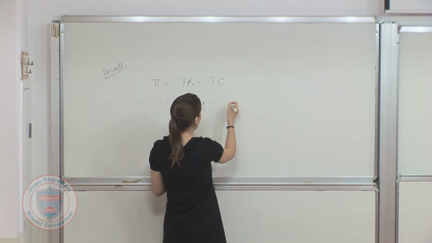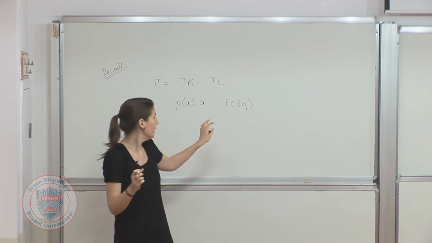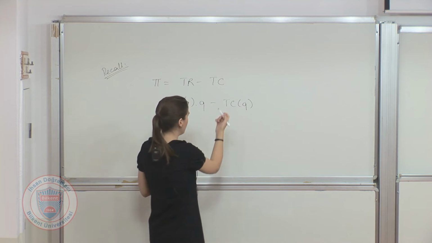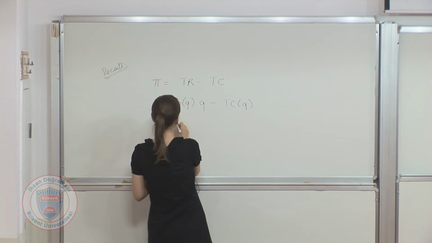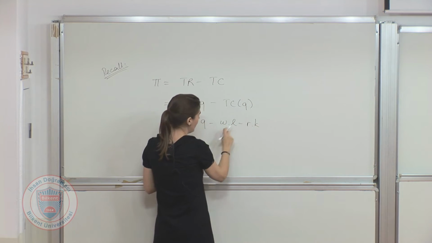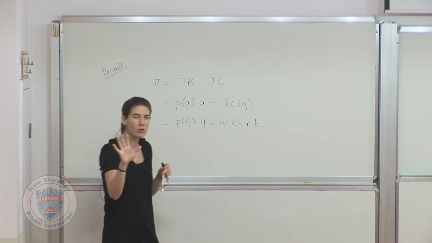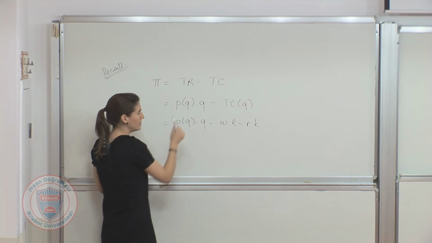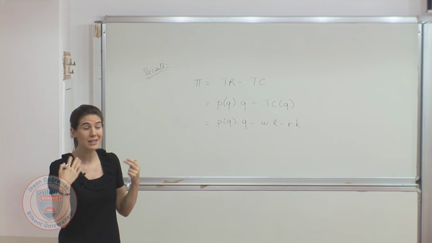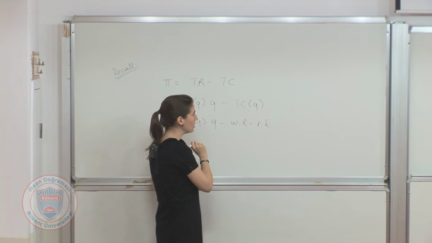And then the total cost part is also a function of the quantity. If you have 2 inputs, you can write this as wage times L plus R times K. And then we said let's postpone how the firm is deciding on its output, and let's focus on the problem.